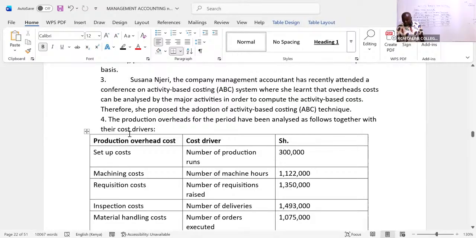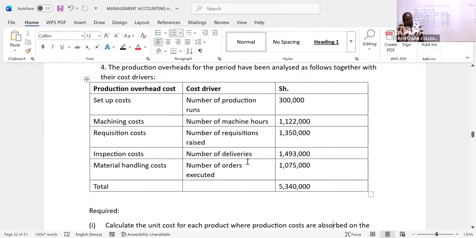If you go after note number 4, you'll be able to see the cost drivers there. We have number of production runs that I have, and number of machine hours that I don't have. It's only machine hours we shall be able to introduce onto our table.